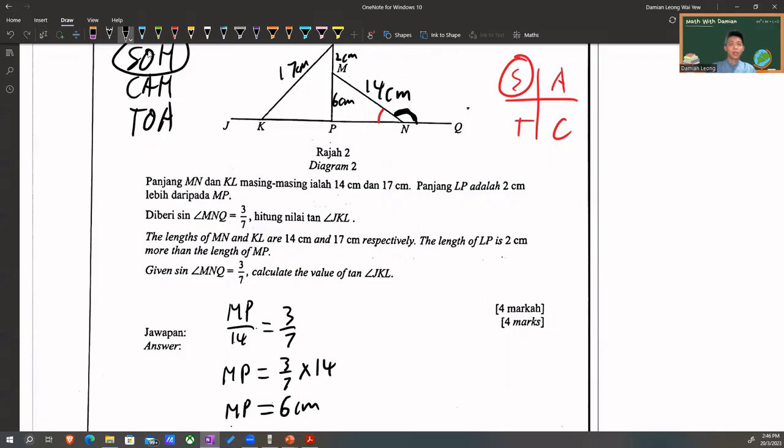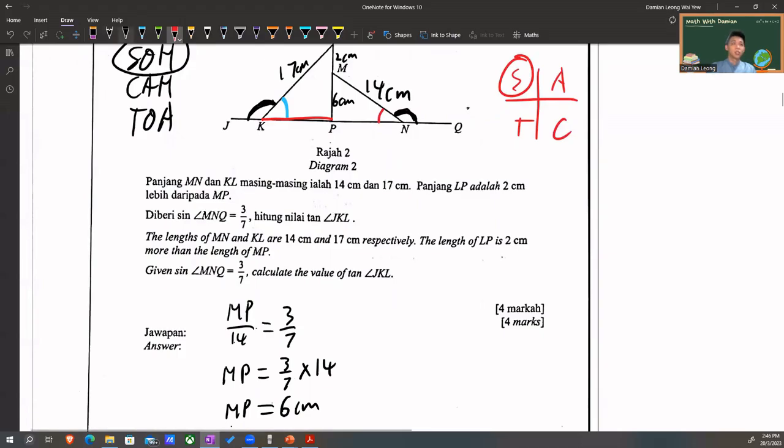And what I want is tangent JKL. JKL is this angle. Yeah, so the equivalent angle in the first quadrant is this. Means I can use this right angle triangle, but I need the adjacent length because tangent is opposite over adjacent. Opposite 8.